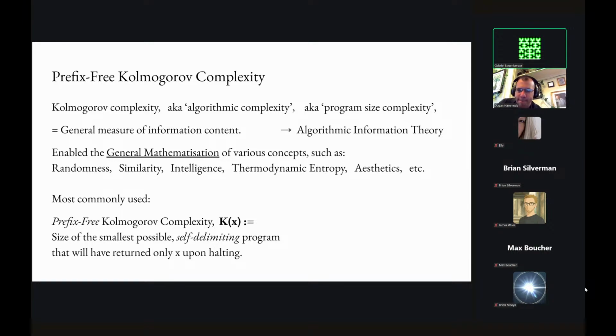So the Kolmogorov complexity of x is the size of the smallest possible program that returns x. This prefix-free Kolmogorov complexity was invented by, I think, Gregory Chaitin. And it's called prefix-free because no self-delimiting program is a prefix of another self-delimiting program.